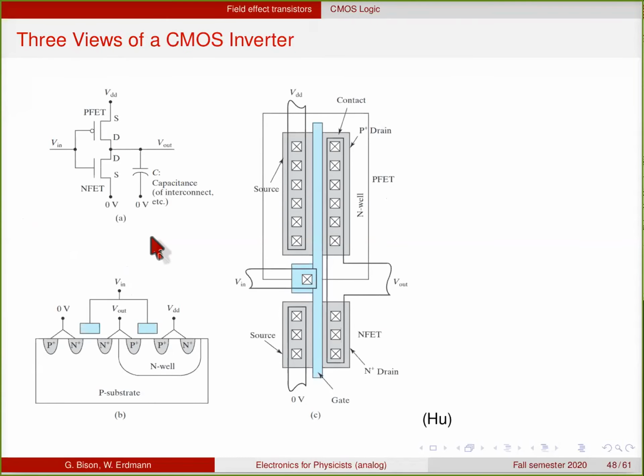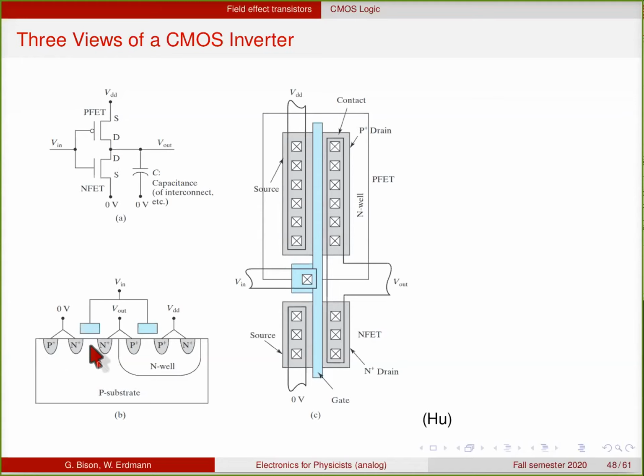So this slide shows three views of an inverter. The first one is the circuit diagram that we've just looked at. So there's an input going to the gates of a PFET and an NFET, and usually you have some capacitance that is unavoidable from interconnects or to whatever is connected here. If you look at it as a cross-sectional view for the field effect transistors, here you have the NFET, everything is in a P substrate.